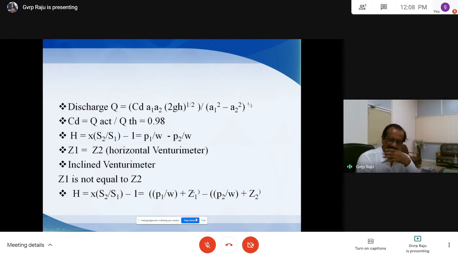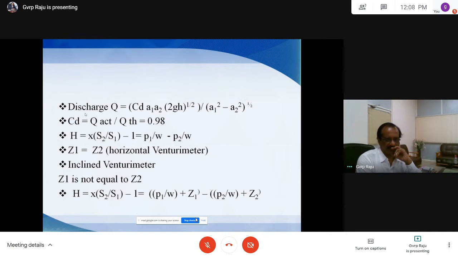So piezometric head at 1 minus piezometric head at 2 is the same equation, but now it is an inclined venturimeter, so you need to consider Z1 and Z2. In that case, it is also equal to H is equal to x into (S2/S1 minus 1). So I can find out H appropriately with the help of the U-tube manometer.